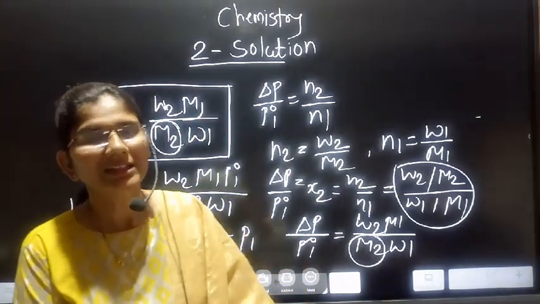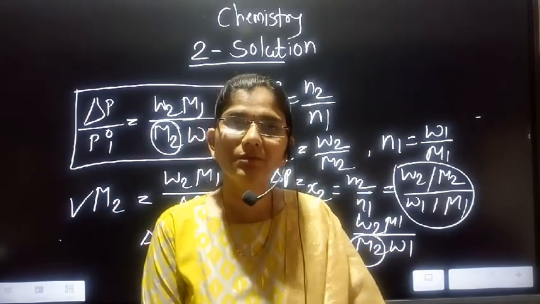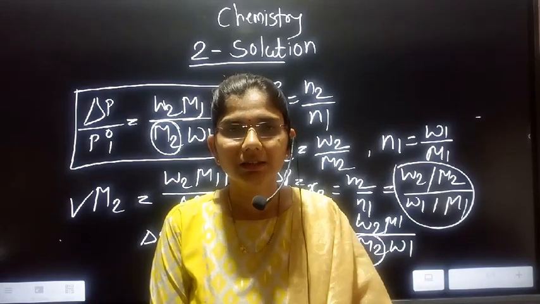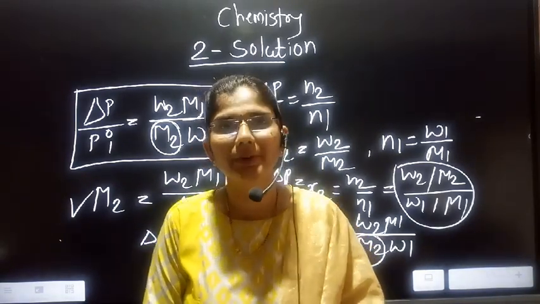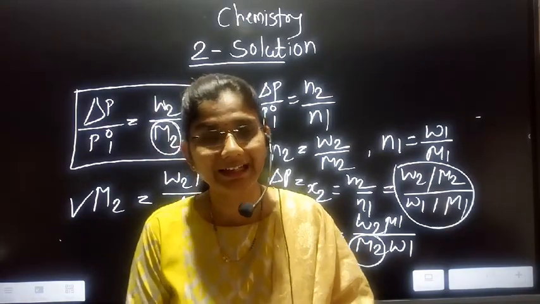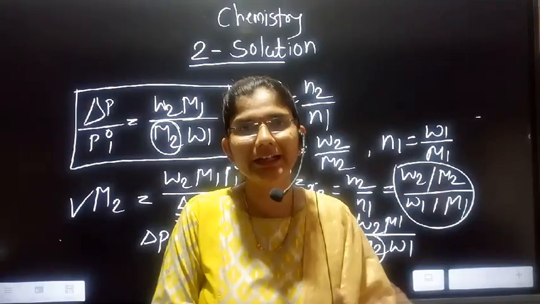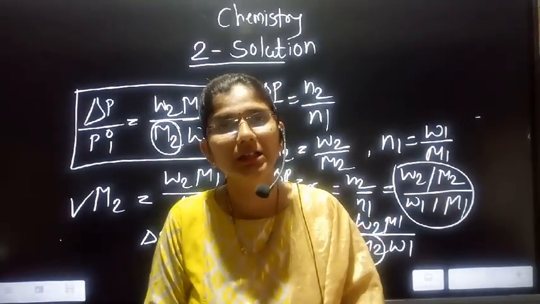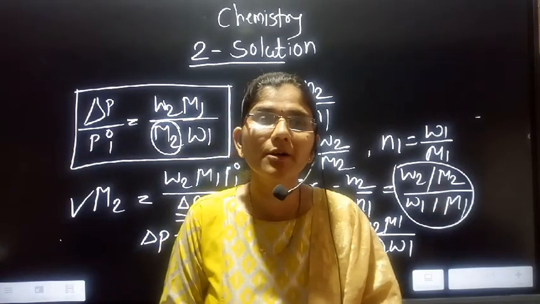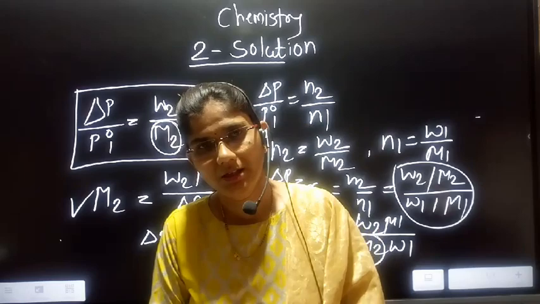We have discussed how the lowering of vapor pressure is a colligative property. That means it depends on X2, that is N2, because colligative properties are properties of a solution which depend on the number of solute particles.